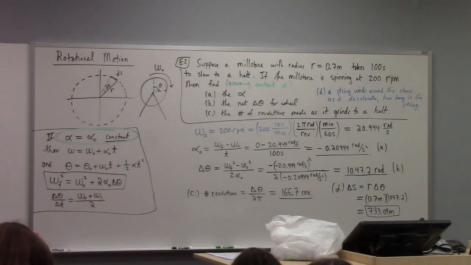Find omega as a function of time and theta as a function of time, given that omega at time 0 is omega naught and theta at time 0 is theta naught.